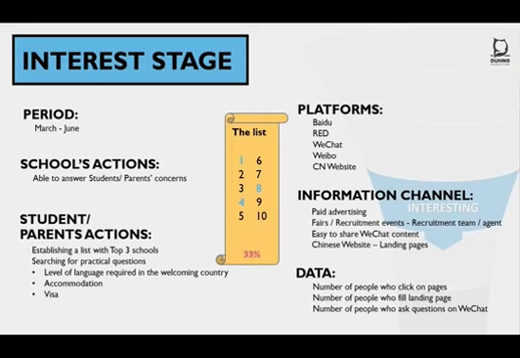So we can see below the questions they have. What is the level of language required to be welcomed in that country? If you are going to the US or the UK, English will certainly be the easier language. But if you are going, for example, to Switzerland or France or Spain or Germany, they have a main language that is different from English: French, German, Spanish, 2 of them for Switzerland, for example.